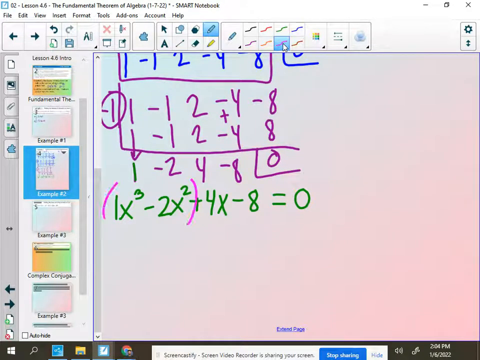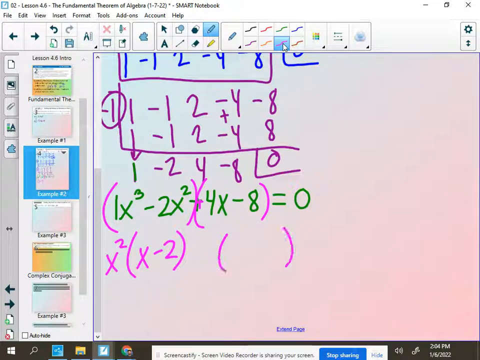I'm going to look here and say, you know what, I can group these together. That's a positive 4 there. And look at that first group and say, hey, I can take out just an x squared. It's not a ton. What does that leave me in here? An x minus 2. If I reverse engineer this one, knowing how factoring by grouping works, this has got to end up as x minus 2. The only thing that has to come out of here is a 4. That's already positive.